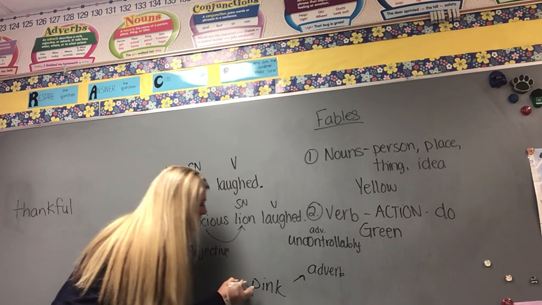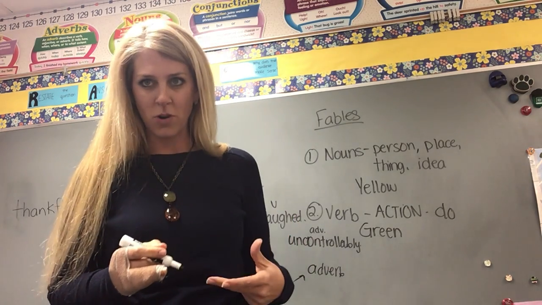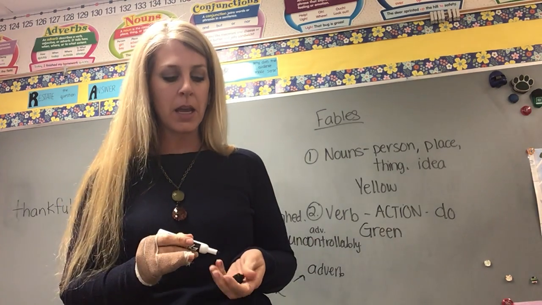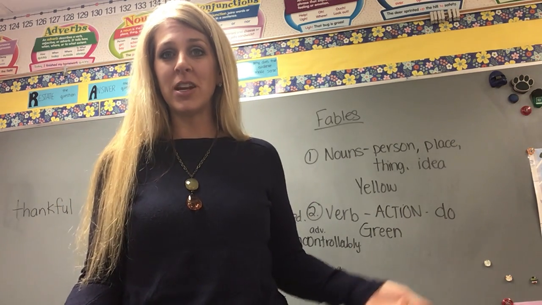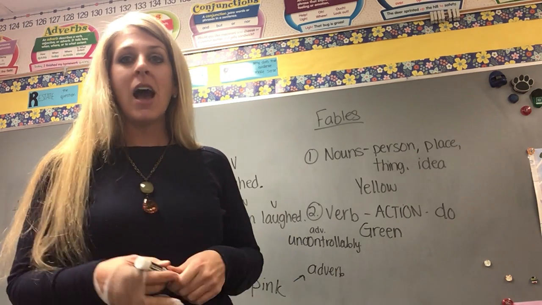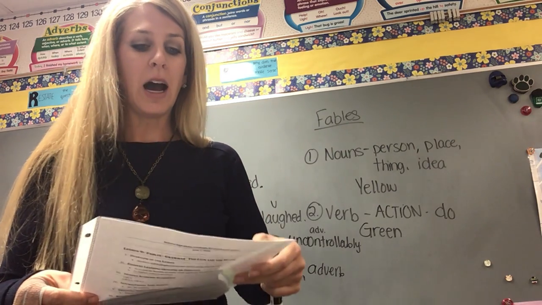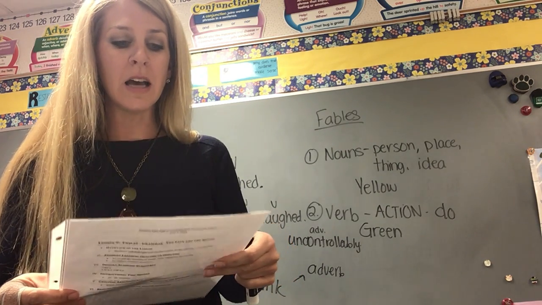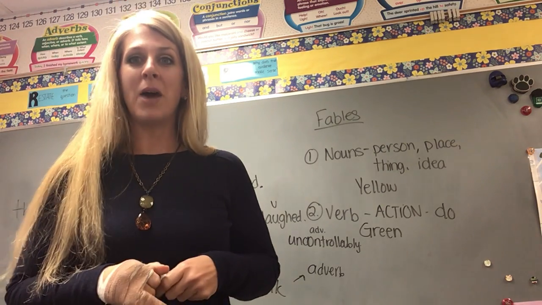So wherever you see an adverb or an adjective, either one, a describing word, I want you to highlight it pink, and I want you to think, how does that make the story more interesting when you have descriptive words to go with it? Okay, so go ahead and stop the video, and I want you to highlight those few things, and then I have a question that I want you to answer at the bottom of the post.